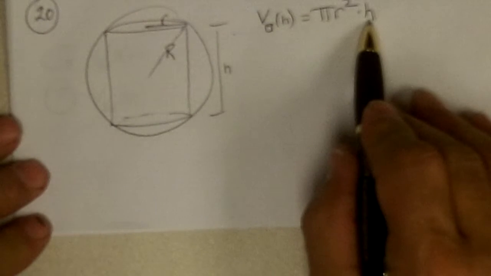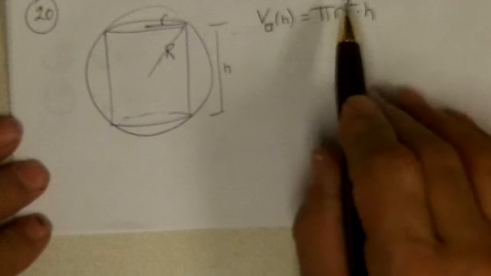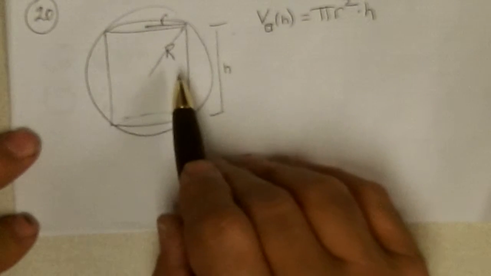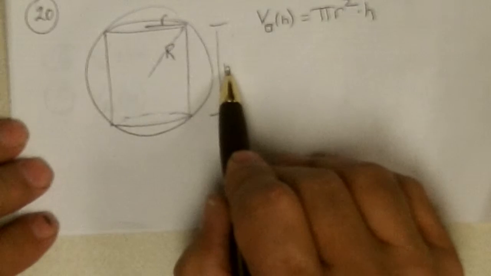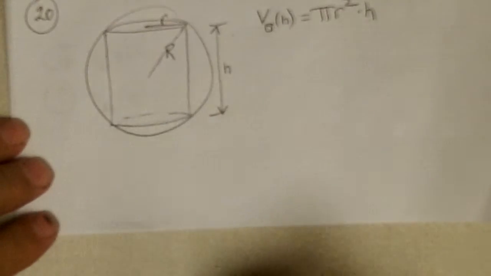Is that a function of h? Well, there it is, but not there, and r does change. So I've got to figure out how to replace little r with something that has the big R, a constant. It's not changing. We've got one size sphere. And the can is h tall.